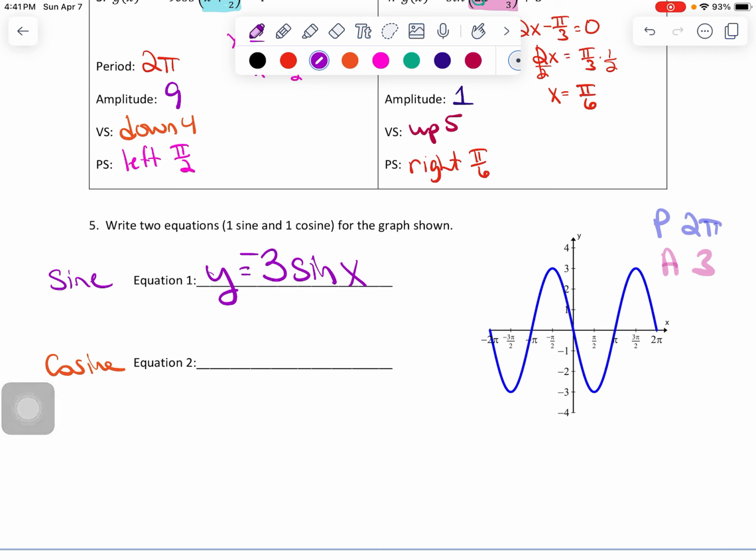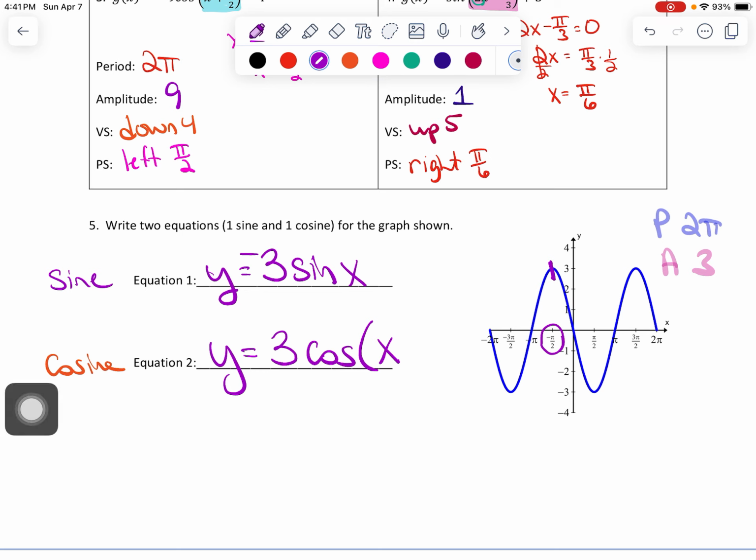Now, for me, I'm going to go ahead and start at the maximum here, which means I'm starting at -pi over 2, okay, which means I've shifted the graph to the left. So how is this going to work for me? Well, y equals, amplitude is still 3. I've got cosine of x.